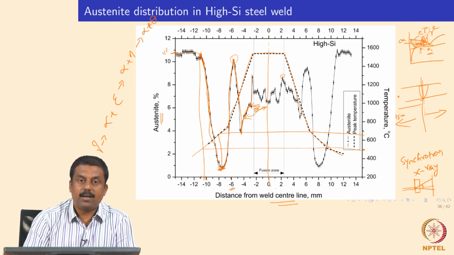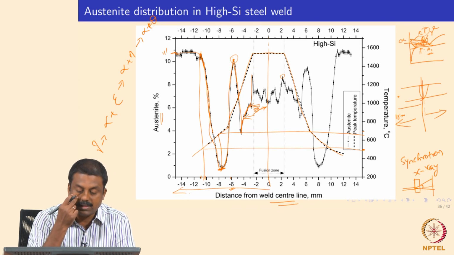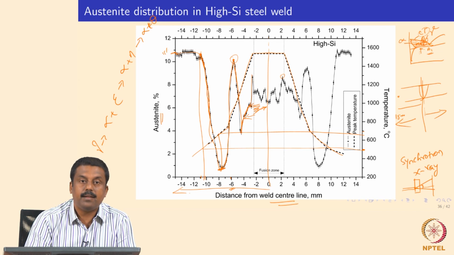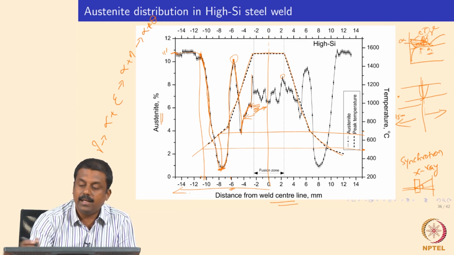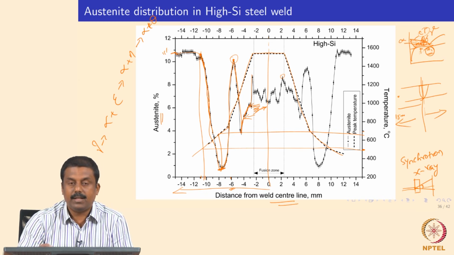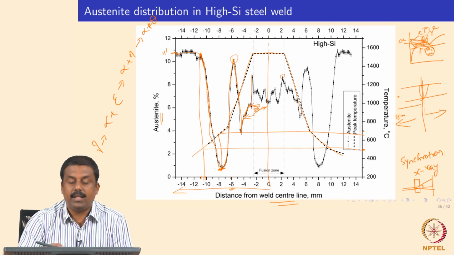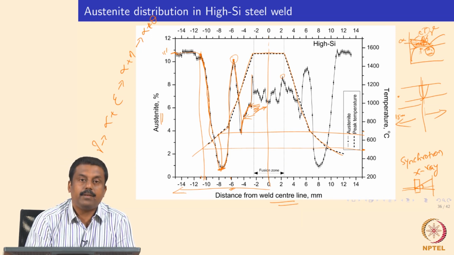But because of the presence of retained austenite, you see the effect of the peak weld thermal cycle, in this case up to 15 millimeters from the weld center line. Whereas in the conventional steel you will not see any effect until you reach above A1, where the microstructure changes to austenite during heating and subsequently transforms to martensite or other low temperature products. So, because of the presence of retained austenite, we enlarge the heat affected zone.